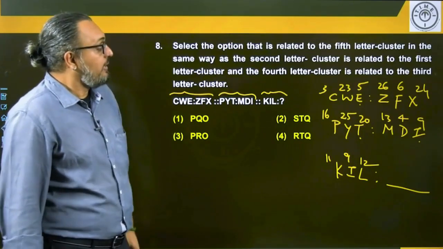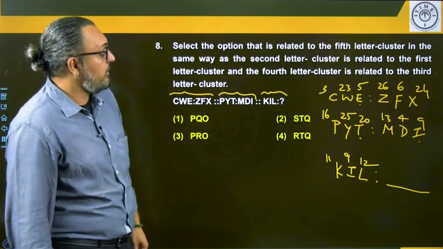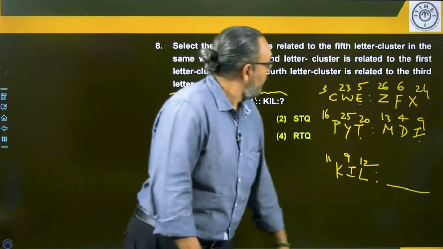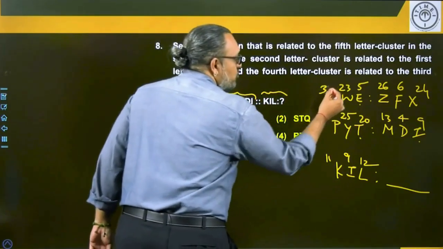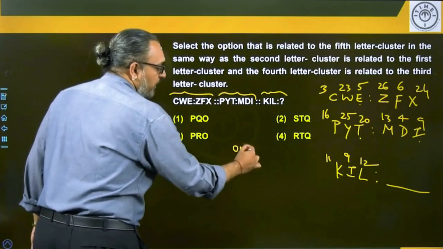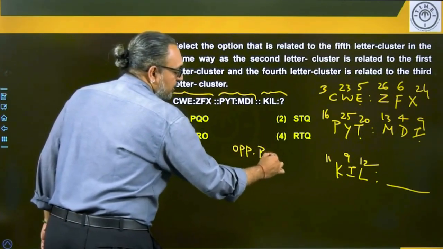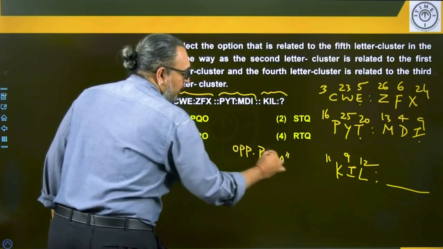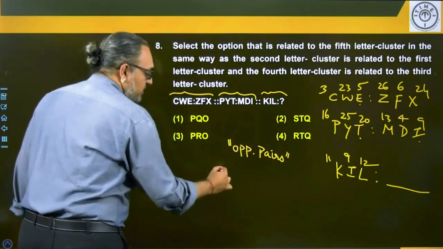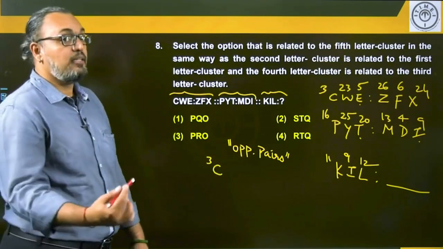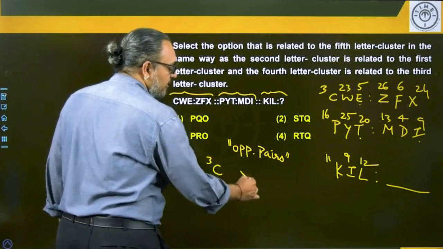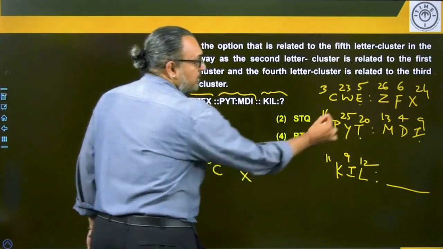Okay. Right. So now here, this again we can look into the concept of opposite pairs only, because how it works is when you have a C, that is 3, third letter from the left. What is the third letter from the right? X, which is 24. But what is it that you have?